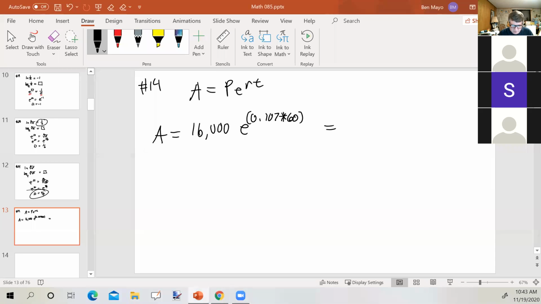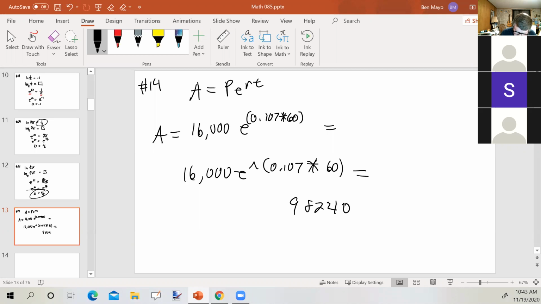So I'm going to take 16,000 second e to the x, and then inside I'm going to put 0.107 times 60, equals, and I get 9,824,049.826.